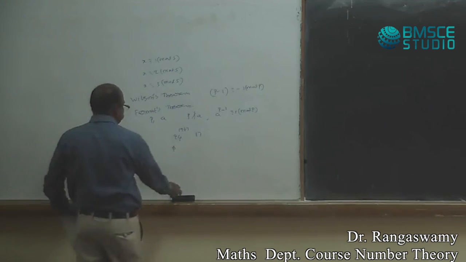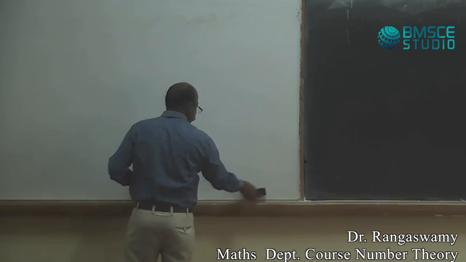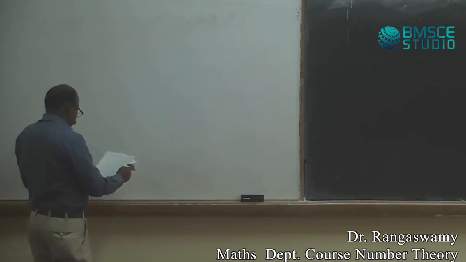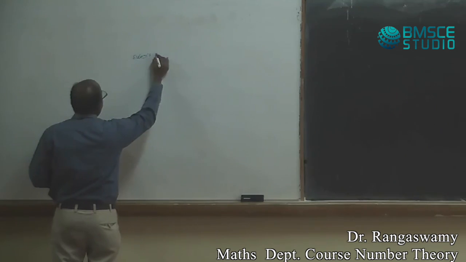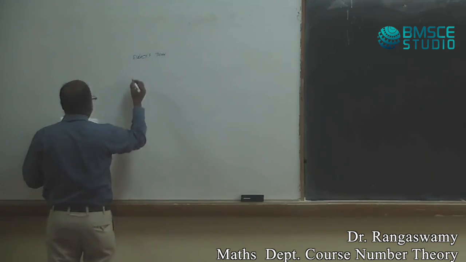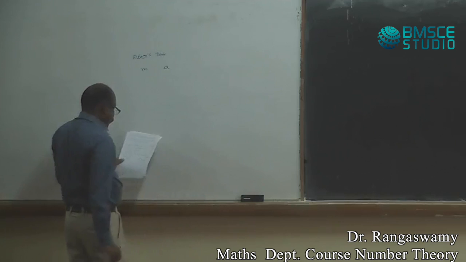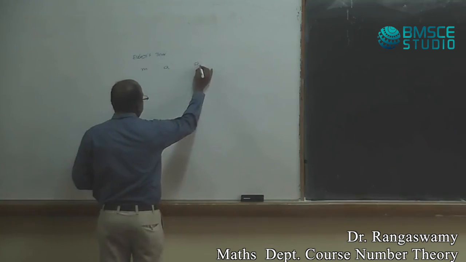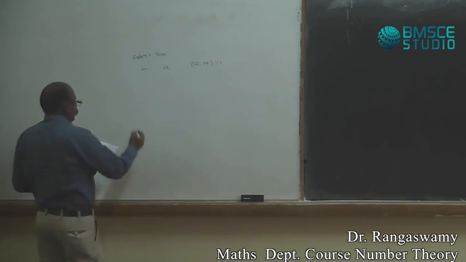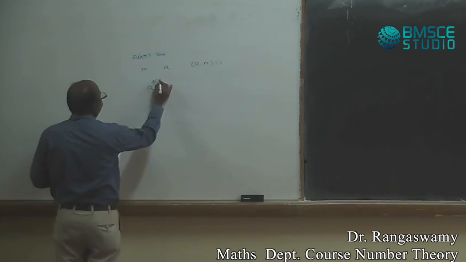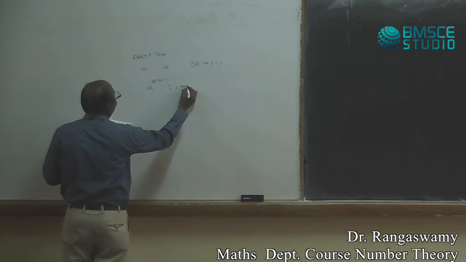Euler's theorem states: let m be a positive integer and a any integer with GCD of a and m equal to 1, then a power phi of m is congruent to 1 mod m.